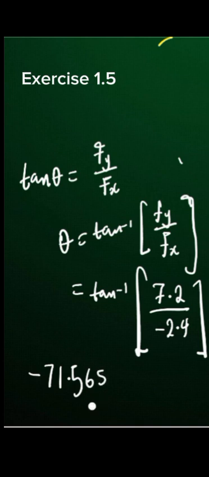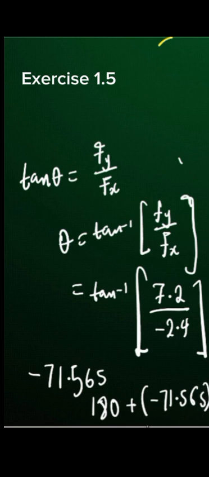So what do you do? Using our trig identity, we already know this. You just add it to 180. That is 180 plus minus 71.565. And you are going to have an answer like 108 degrees.